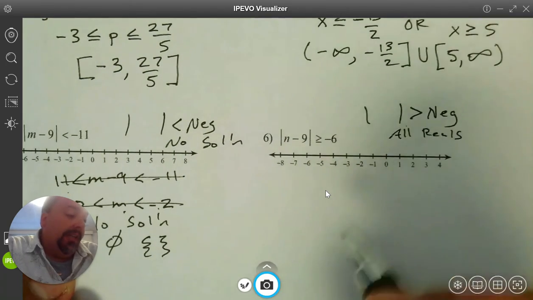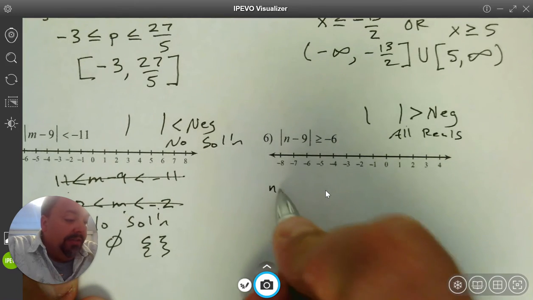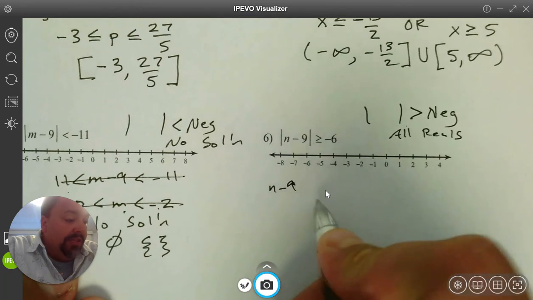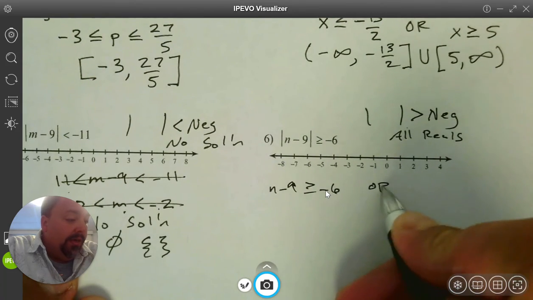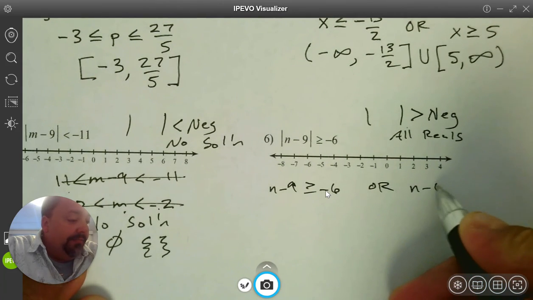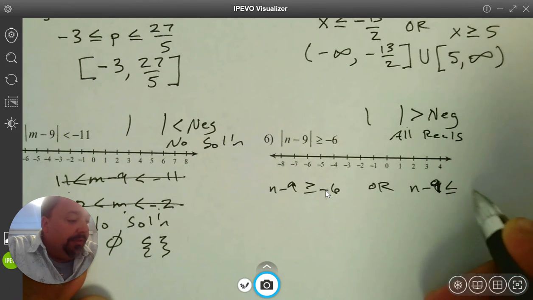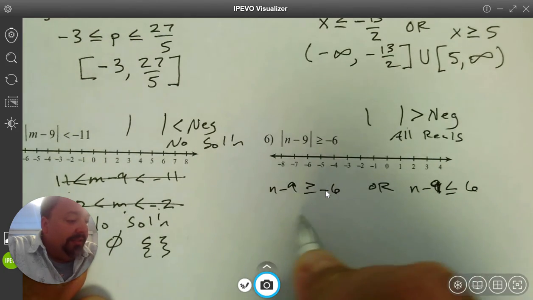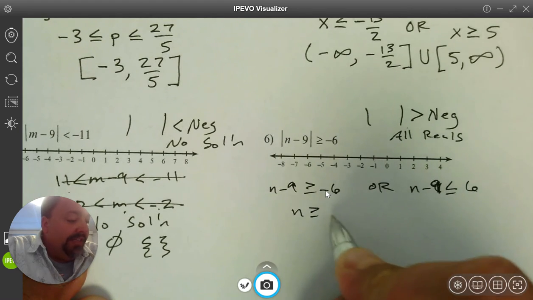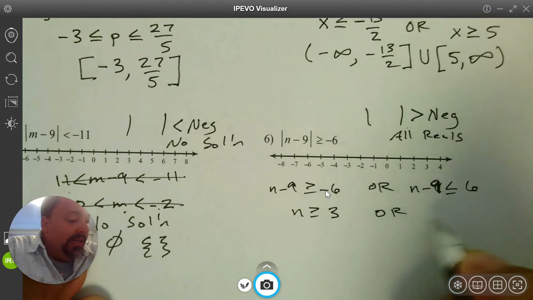And again, if you didn't realize that right away and you did work it out, you would have an or statement. You have n minus 9 is greater than or equal to negative 6, or n minus 9 is less than or equal to positive 6. And when you solve this, you have n is greater than or equal to 3, or n is less than or equal to 15.